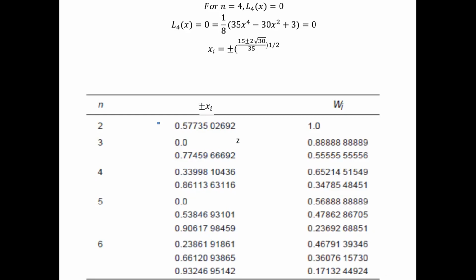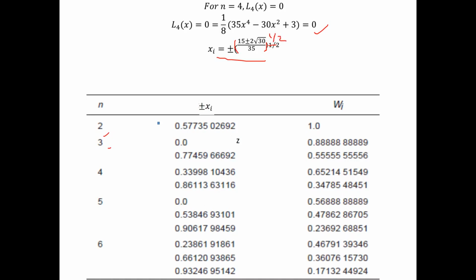For n is equal to 4, L4(x) will be 0, and the value of L4(x) is given here. When we solve the equation we get the value of the abscissa, and to the power half.